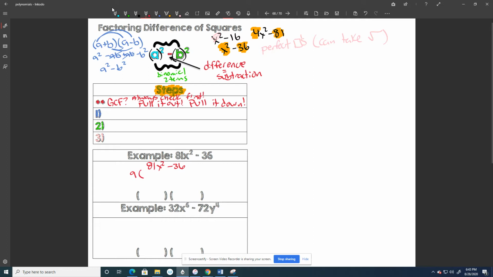And what I'm left with, we practice this quite a bit, 81 divided by 9, I still have 9x squared left over. And the negative is going to stay here because 36 divided by 9 is 4. So for just a minute, this 9, I'm going to go ahead and pull it down here, and I'm going to ignore that it was even there.